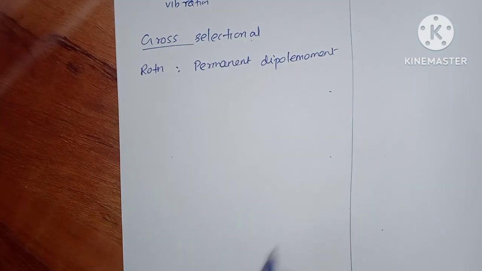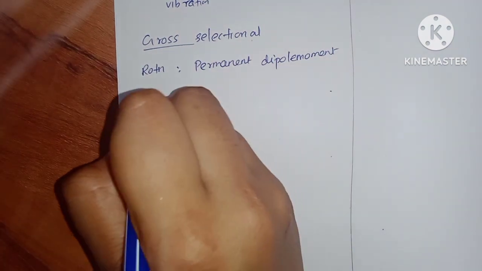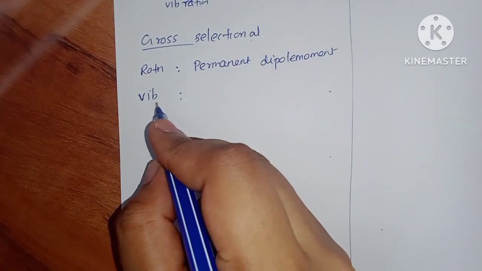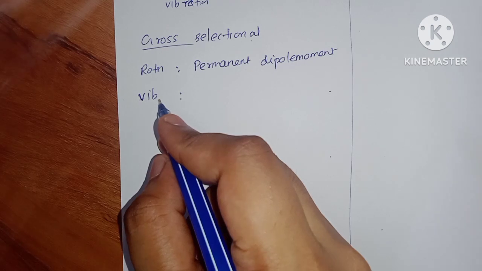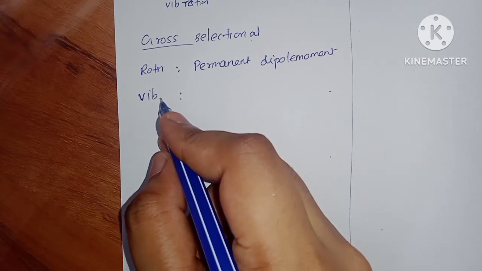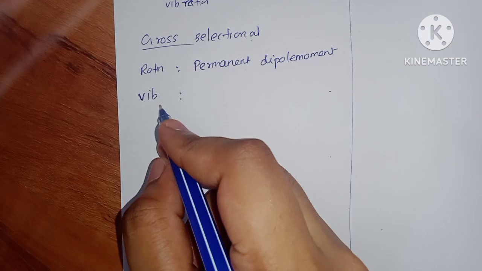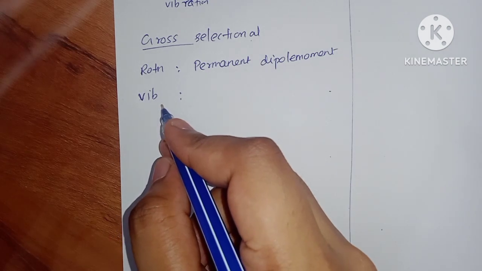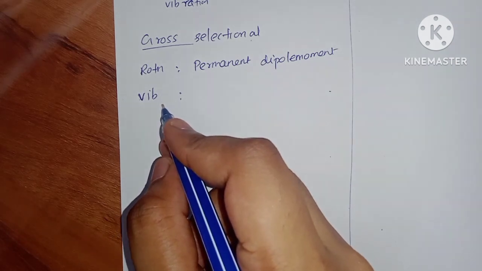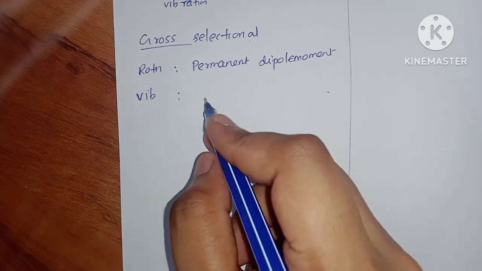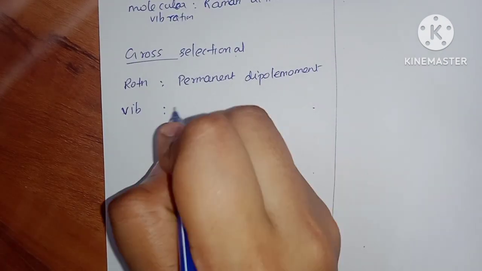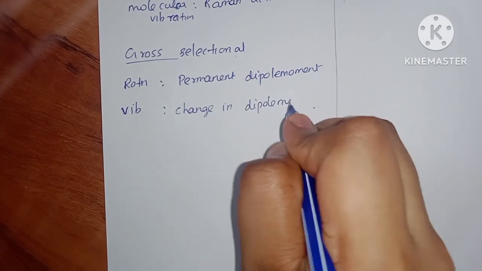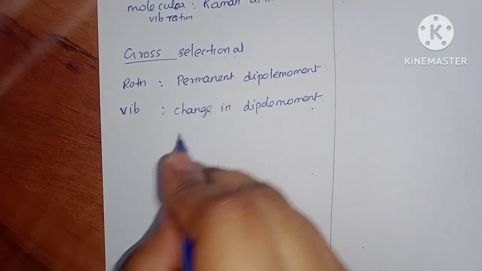And for a molecular vibration to be vibrationally active or IR active, we consider the vibrational modes and check whether that mode gives a spectral line in IR spectroscopy. For that, we check whether there is a change in dipole moment during that particular vibration. So this was the selection rule for vibrational spectroscopy.